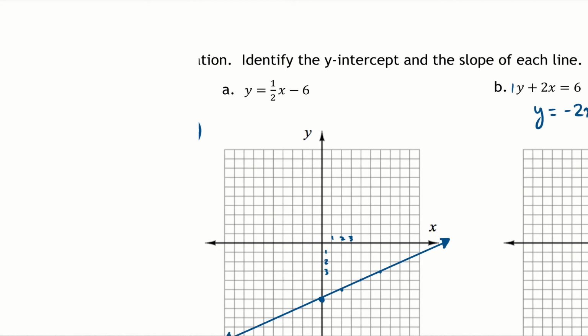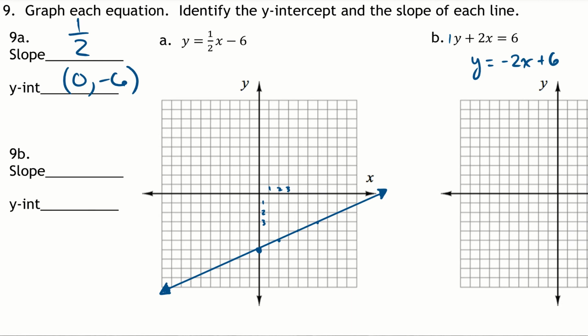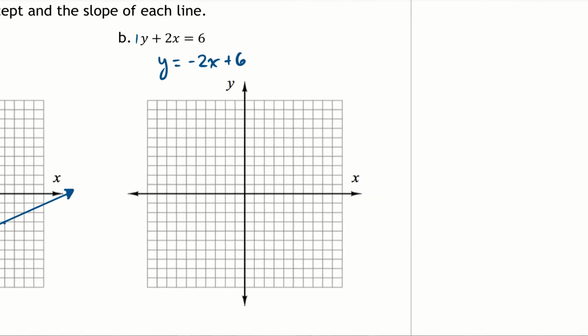Let's include both of those things in our answer key over here. So slope is -2, and of course I could write that as -2 over 1. My y-intercept is the point where x is 0 and y is 6. All right, so let's go ahead and plot those.